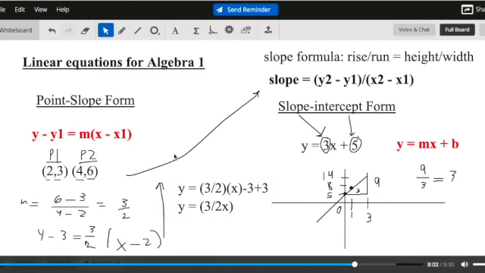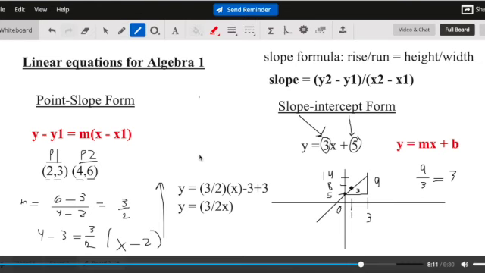It'll look like this, right? Let me just delete this one right here. You see that b is 0 because there is no plus constant at the end. So basically, it's going to go through the points 2, 3 and 4, 6.